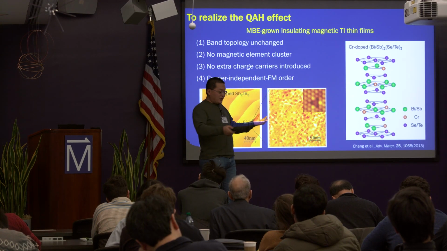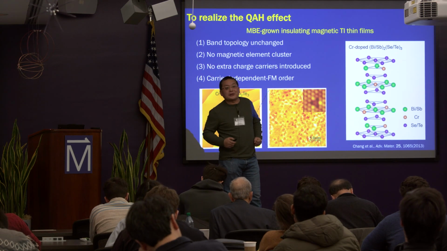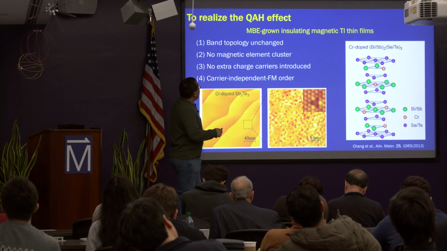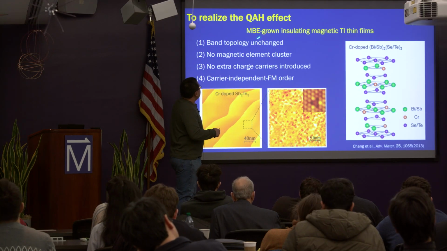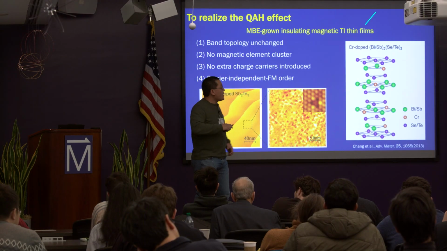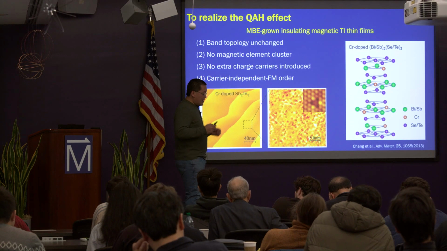So if we could use MBE to grow an insulating magnetic topological insulator film, we may realize the quantum anomalous Hall effect. But during the synthesis, we need to satisfy several conditions.